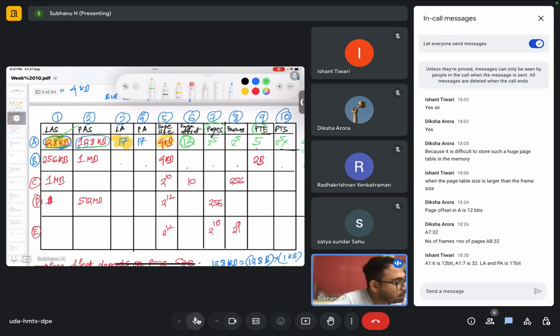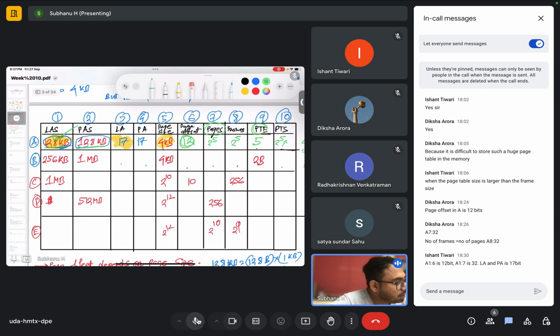How do I find it? Page offset depends on page size. As page size is 4 KB, 4 KB equals 2 to the power 2 into 2 to the power 10, that means 2 to the power 12. So page offset is 12.